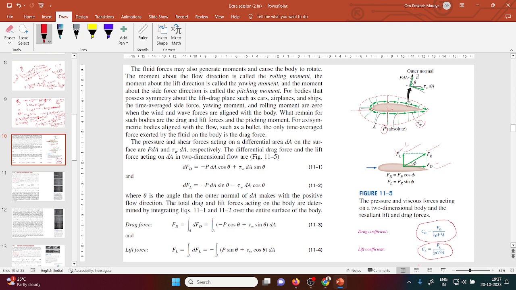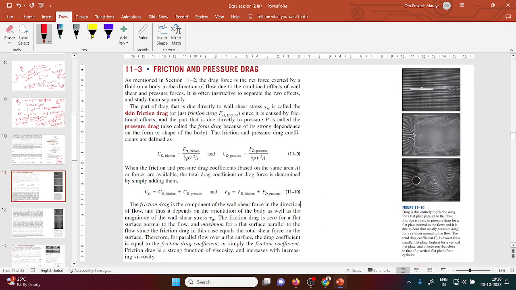Yes, sir. The drag coefficient depends not only on the friction of the body, it also depends on the pressure. The drag coefficient is divided into two parts: friction and pressure. The pressure part depends on how much pressure is on the downstream side of the body, and the friction part depends on how much friction is on the body.